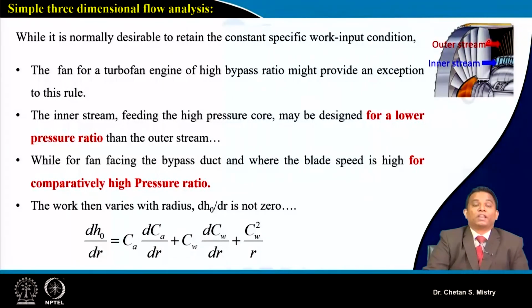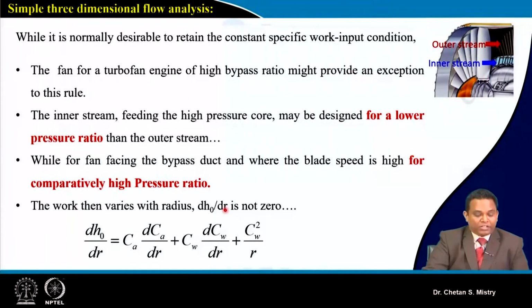So you can understand when I say my fan, it has a pressure ratio of 1.6, 1.8, 2, and that is distributed along my span. So that's the reason why the design of these fans is always challenging, not because of size, but because the operation requirements are different.